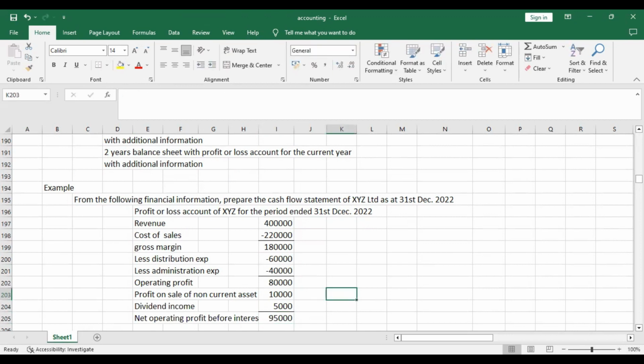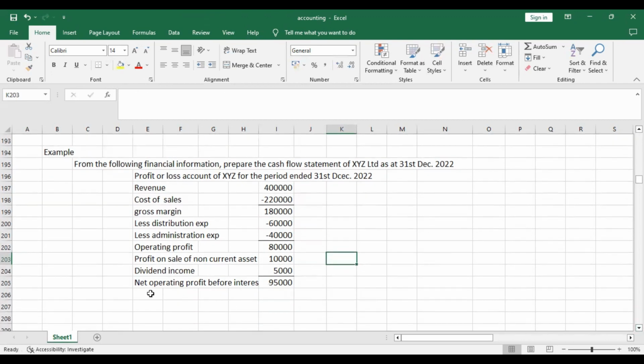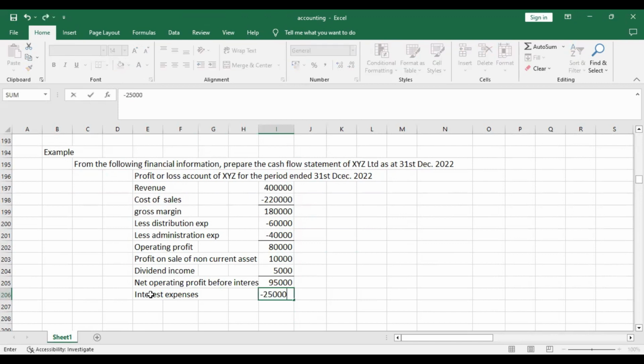Then let me proceed further. Interest expenses are given in the P&L account as 25,000. Let's assume minus 25,000. Then what will we get? Profit before tax, which is 70,000.